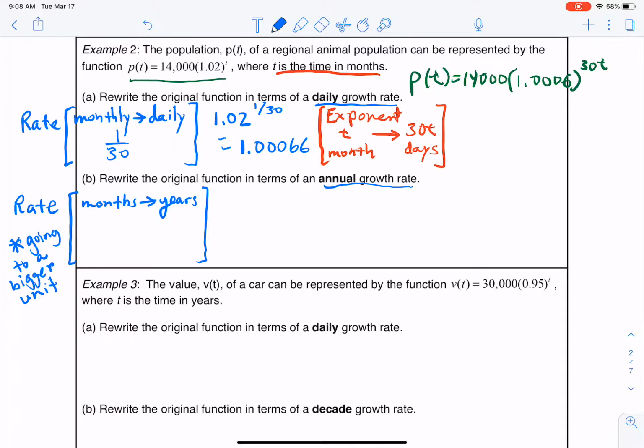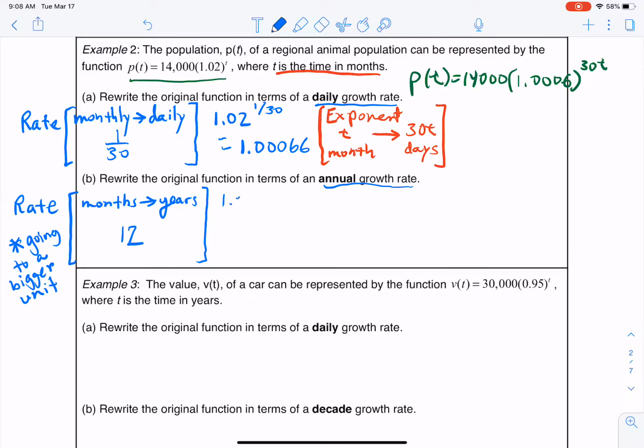So if I know that 1 year has passed, really that is the equivalent of 12 months. Right? So notice it's really the opposite of what we did before. Instead of writing a fraction, when we're going bigger, we write the whole number. So let's recalculate our rate then.